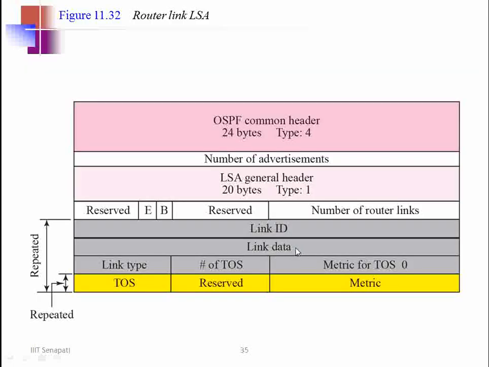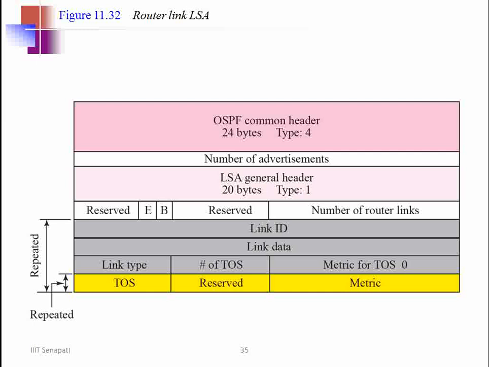So this kind of information is here, and along with that, the link type, any one of the 4 as you have already seen. Then the number of type of service, which will have the number of type of services announced for each link. Okay, so multiple types of service can be there.